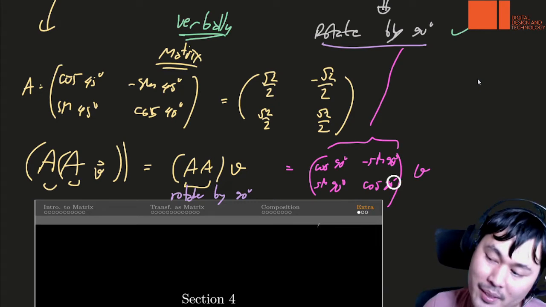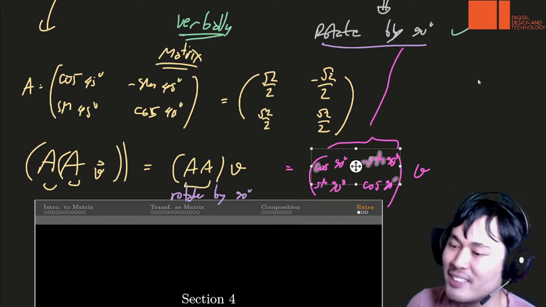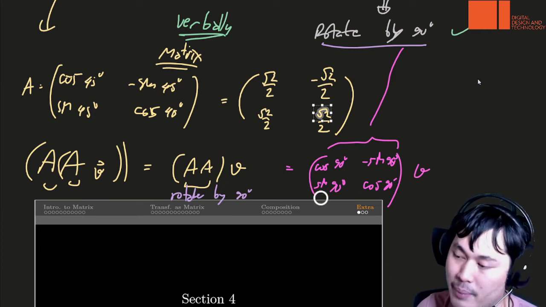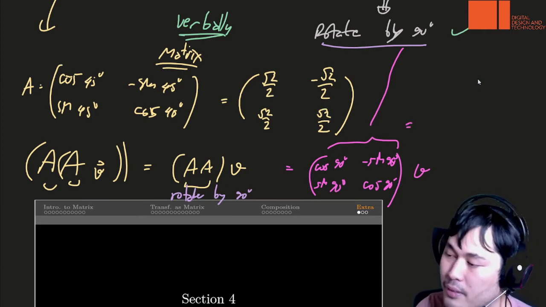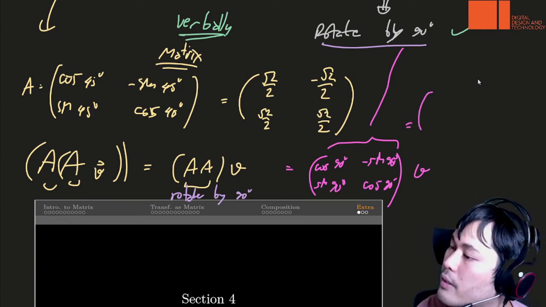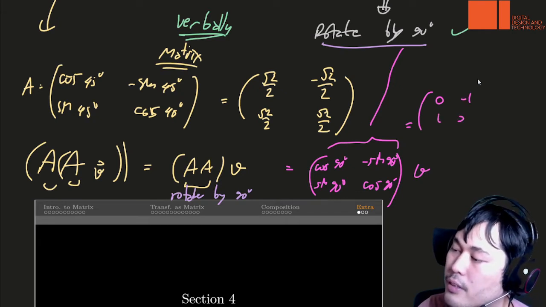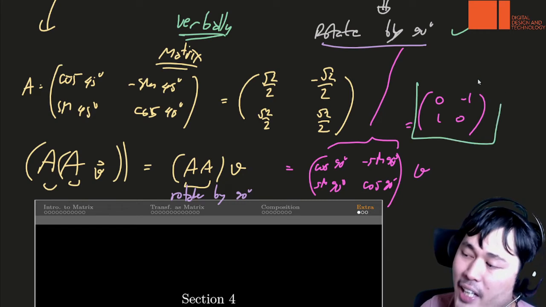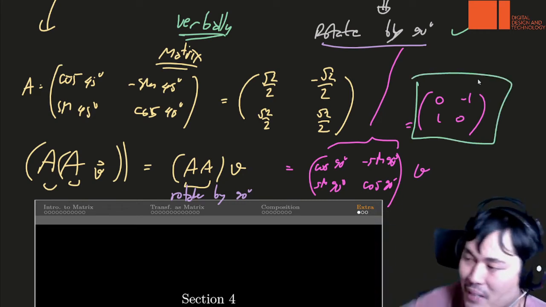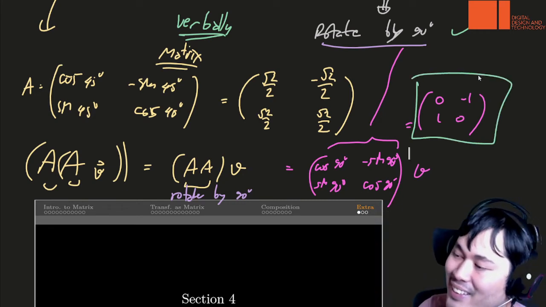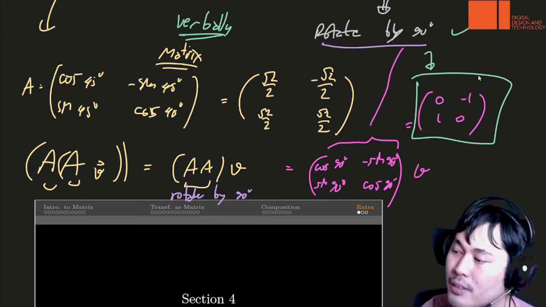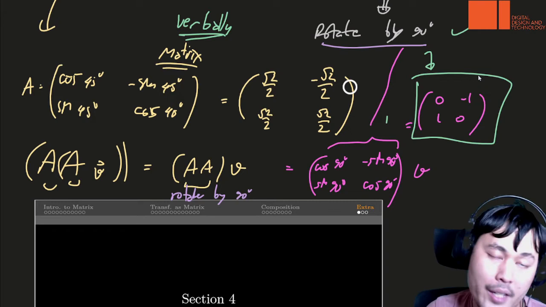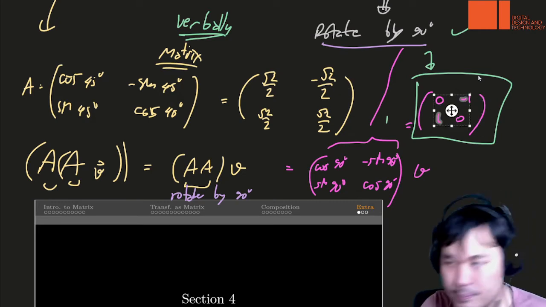And you can see that this matrix is easier to compute. We don't have to do all this math, because if you do the math here, then this matrix should give you 0, -1, 1, 0. And you can take a note, maybe make a big asterisk: this matrix is a transformation by rotation counterclockwise by 90 degrees.